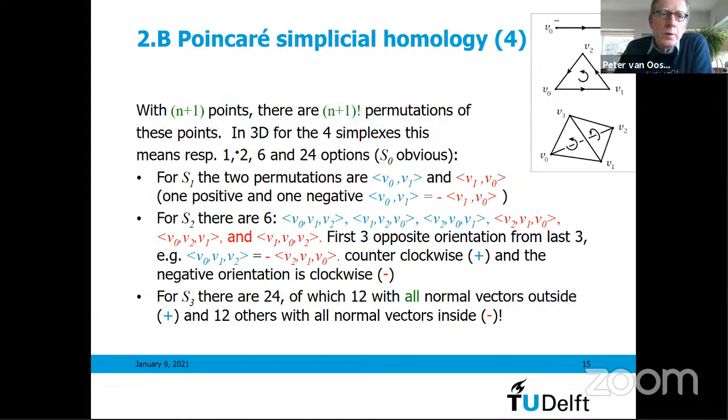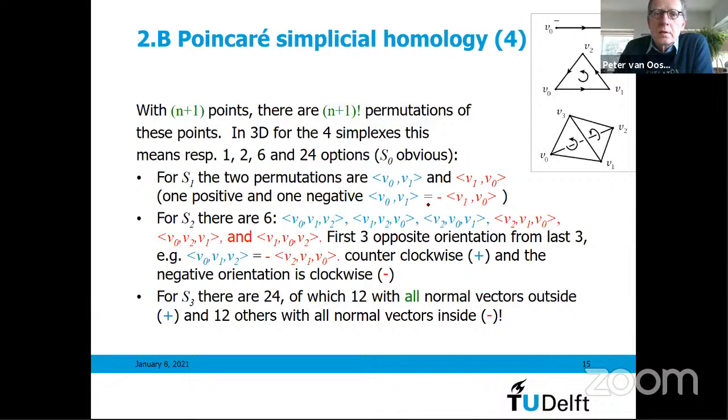If you have just a point, the 0-dimensional primitive, you have only one option to list the point. But already in S1, the line segment, you can either write V0, V1, or you could write V1, V0, the reverse.